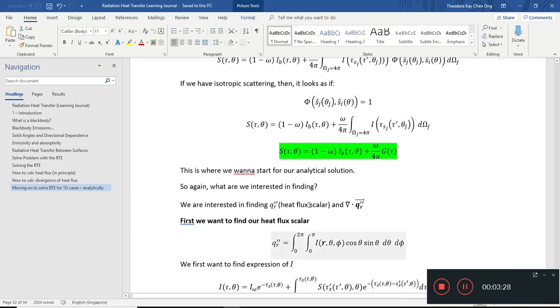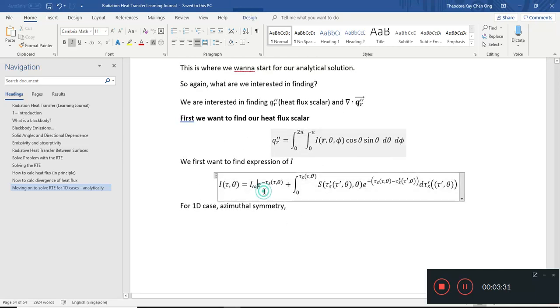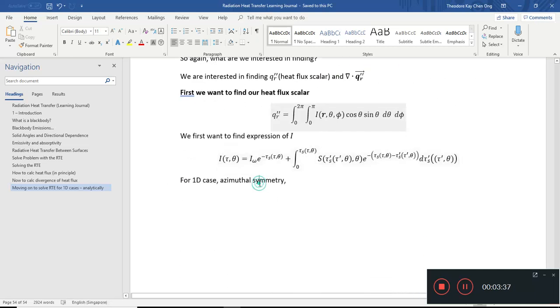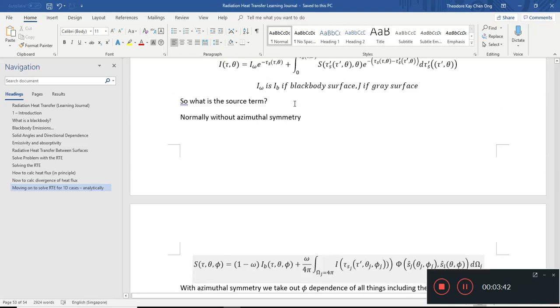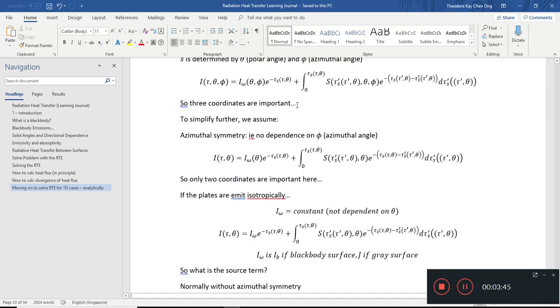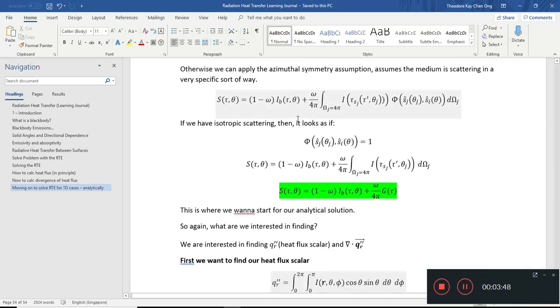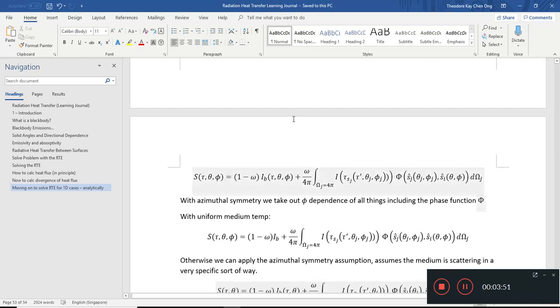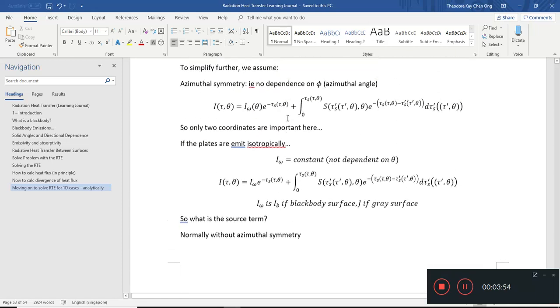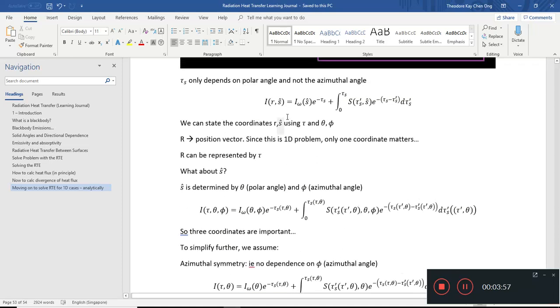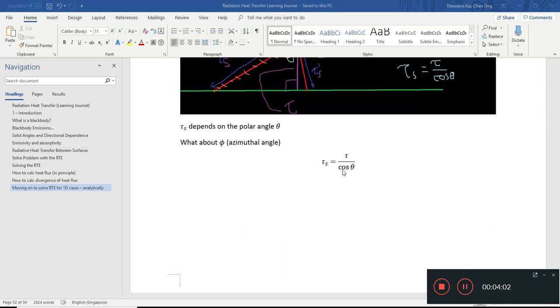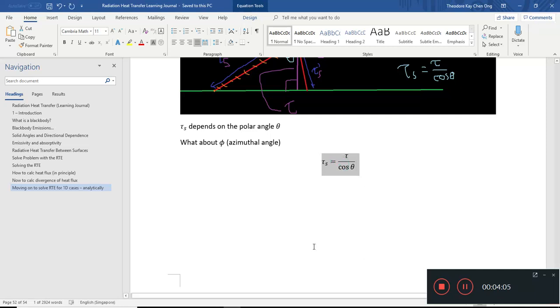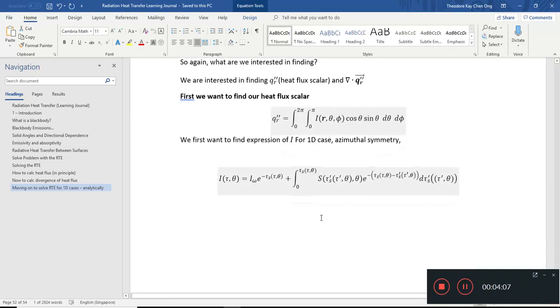So this is already in azimuthal symmetry form. Now we just want to include all the cosine thetas in there. Yes, we have tau s equals tau over cosine theta. That's what we need to substitute in.